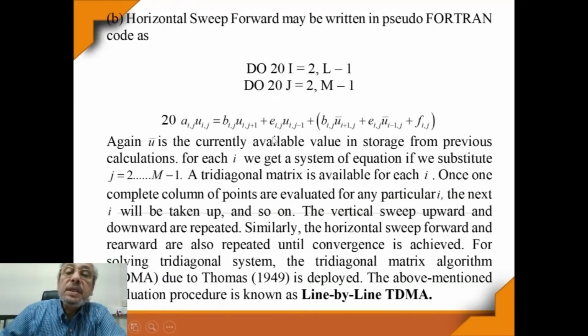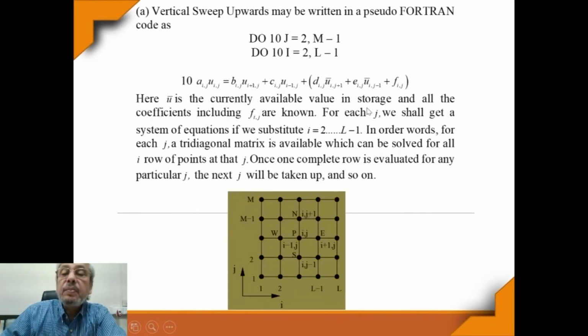Here you can see we have set the do loop, do 20 I equal to 2 to L minus 1, do 20 J equal to 2 to M minus 1, and now J plus 1. See, earlier we bracketed these J plus 1, J minus 1 terms, and they were all given bar. These bar quantities are values in store.